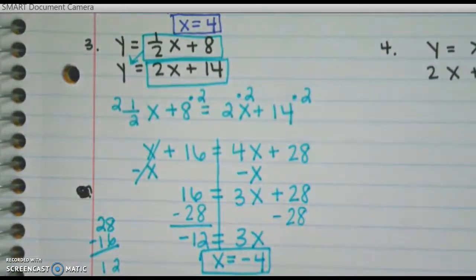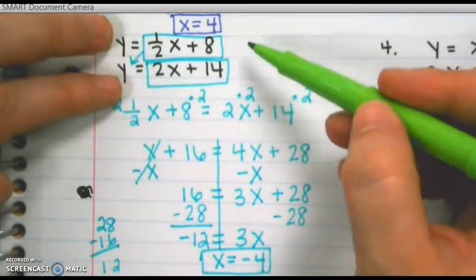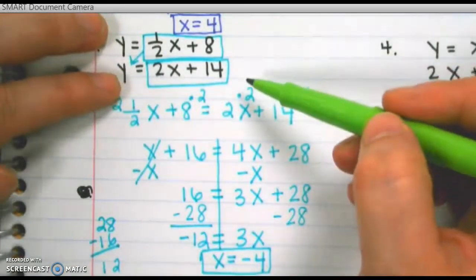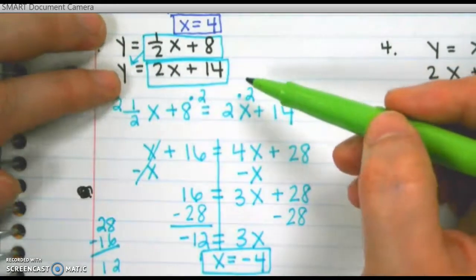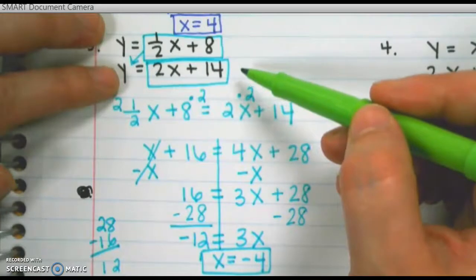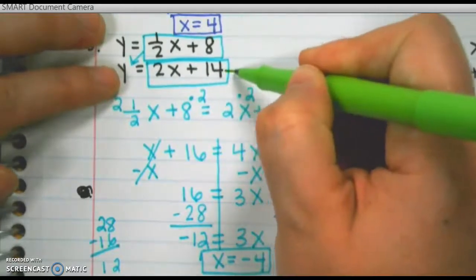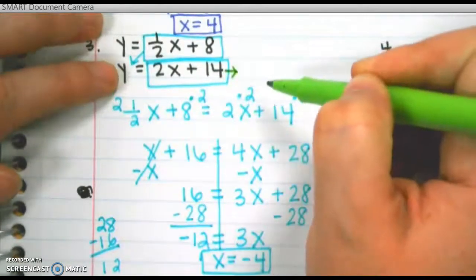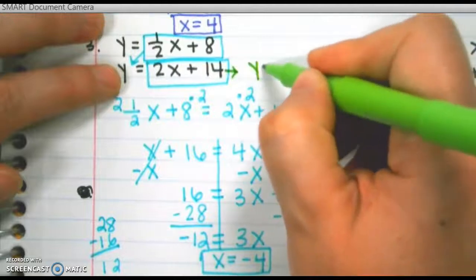All right, and keep in mind, we are not done until we have x and y. So that means I have to come back up to one of these two equations. It doesn't matter which one, but I'm going to plug in negative 4 for x. I'm going to do 2x plus 14 because if I have an option between a fraction and not a fraction, I'm going to use the one without a fraction.